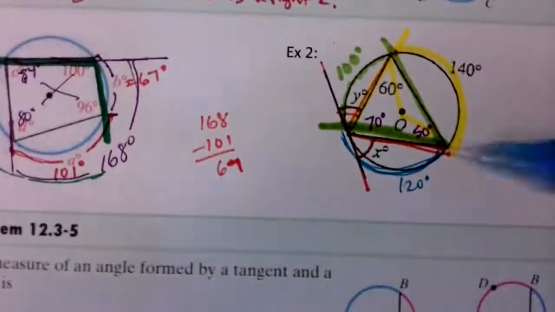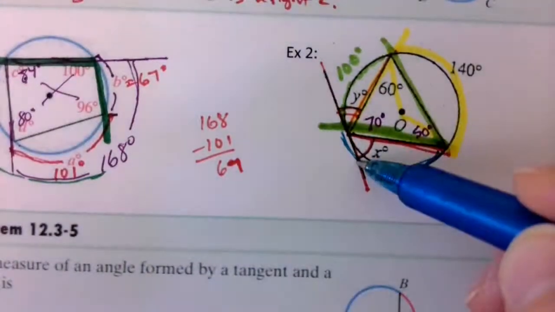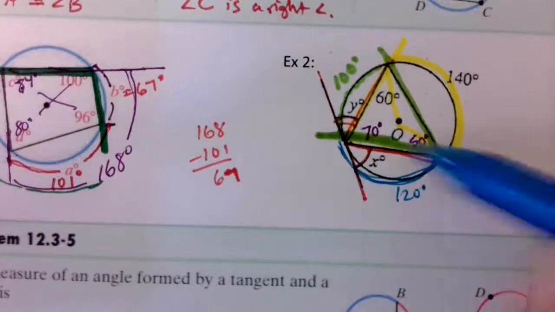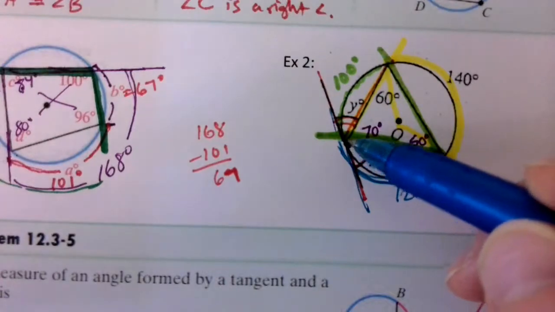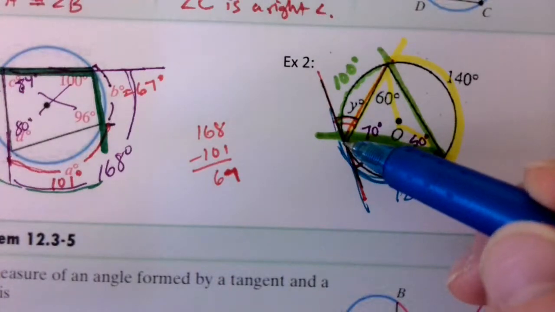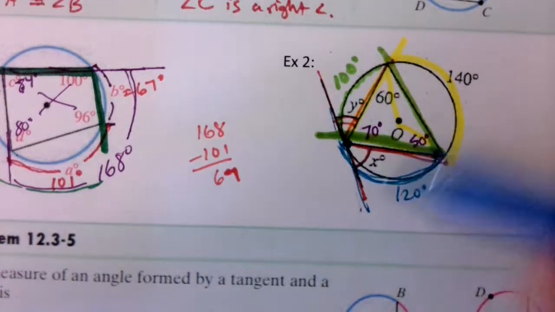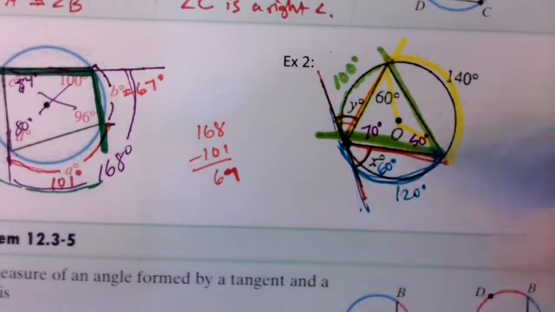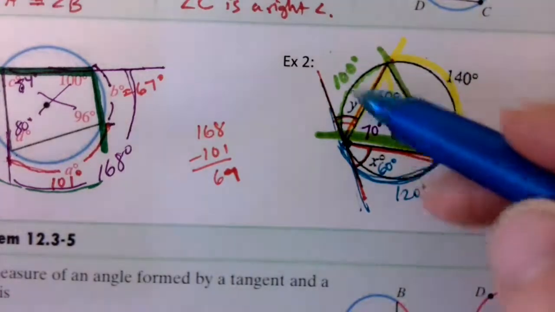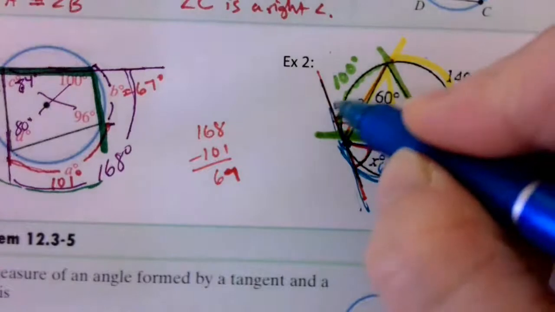If we look at just this angle X, we have a chord, and then we have a line that's intersecting my circle just once, and we know what that's called. That's called a tangent. So that's still an inscribed angle. An inscribed angle is an angle where your vertex is on the circle. So we've got a chord and a tangent, and we're still going to say that's half of the arc. So big idea, this angle is 60 degrees, and then we can come over here, the 100, this is going to be 50 degrees.